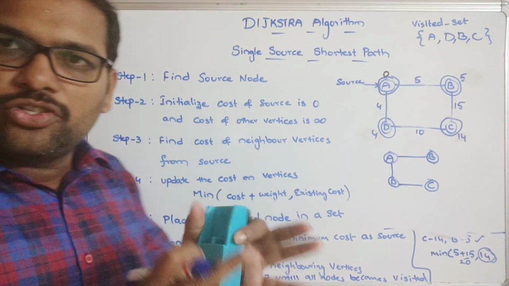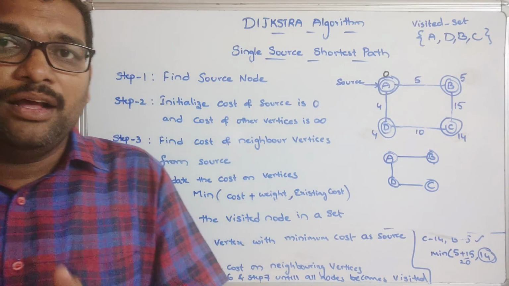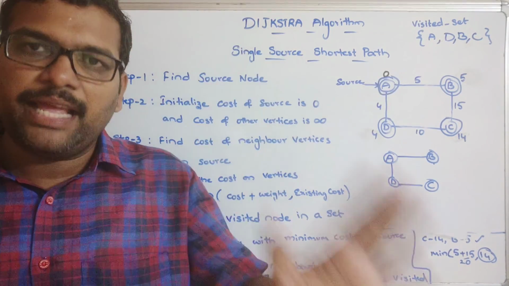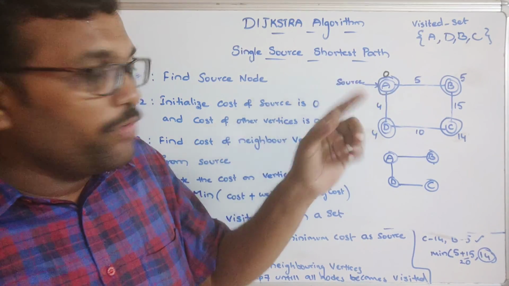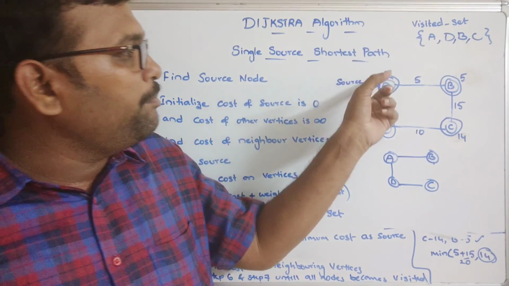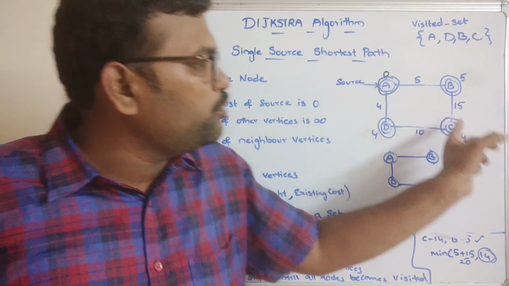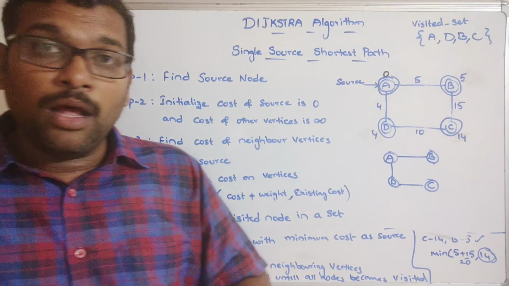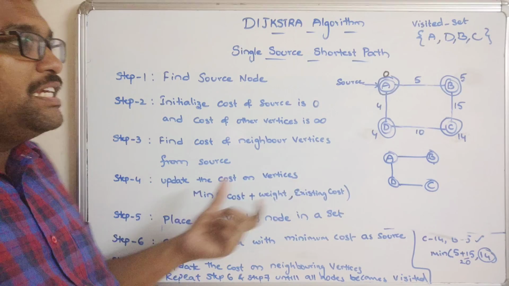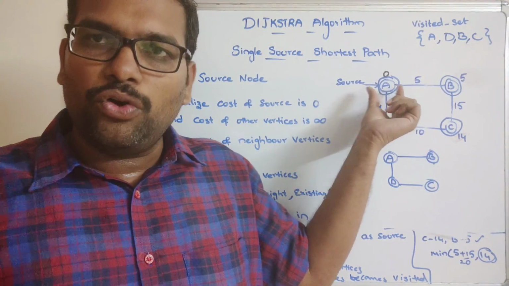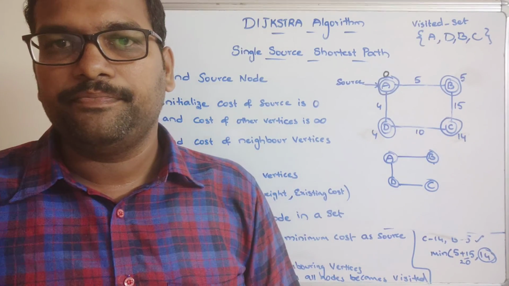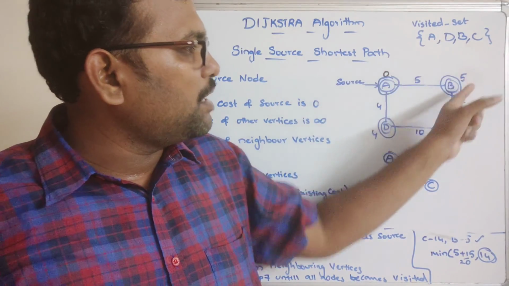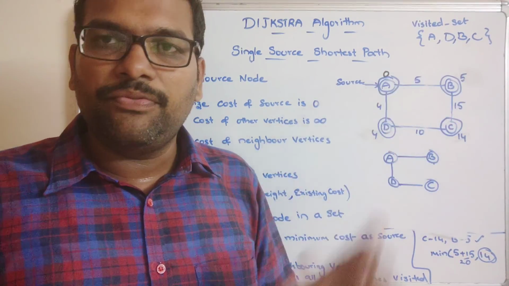So that will be the single source, and our aim is to find shortest path from the same source to all the remaining vertices. So here I am taking A. So we need to find out the shortest path from A to B, A to D and A to C. Now first initialize the cost of source as 0 and other vertices as infinity.